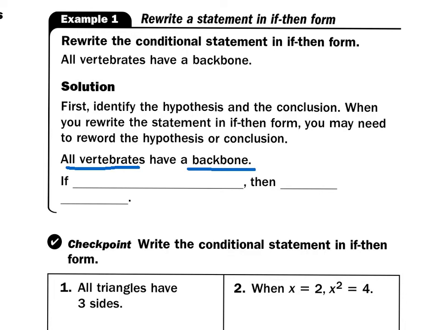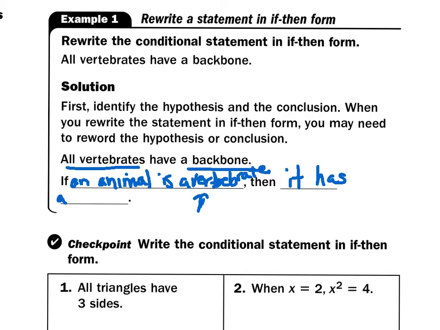So, let's throw in some extra words to make this make more sense. We can't just say if vertebrae, then backbone. So we can say if an animal is a vertebrate, remember vertebrate is an animal with a backbone, then it has a backbone.